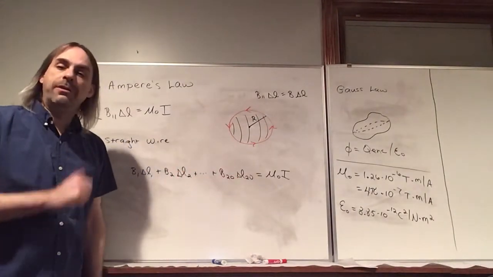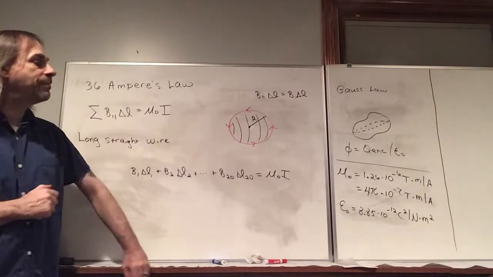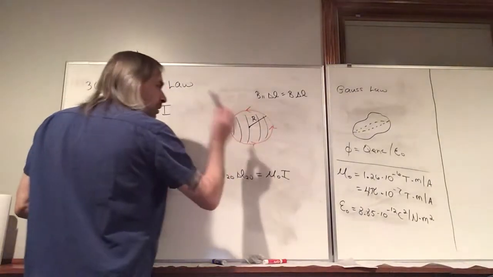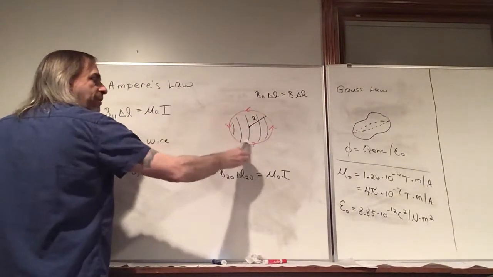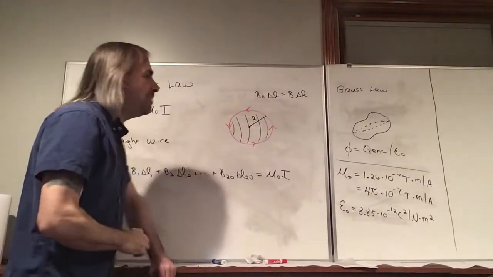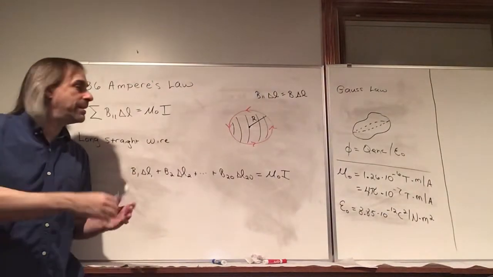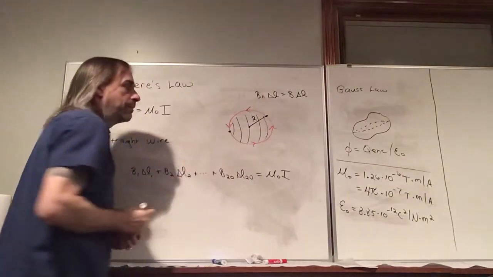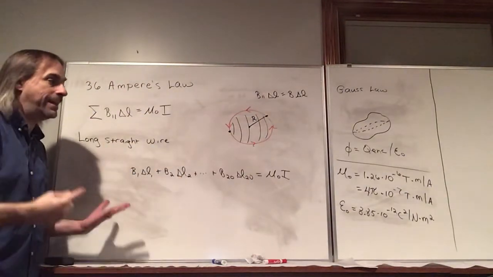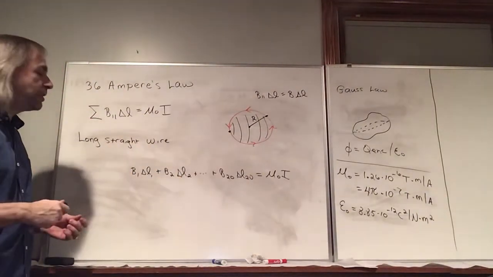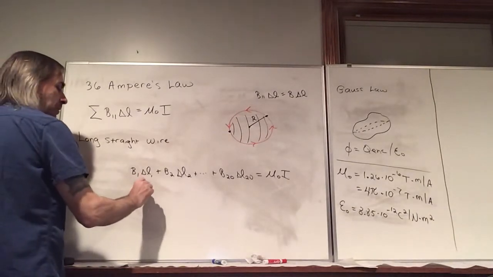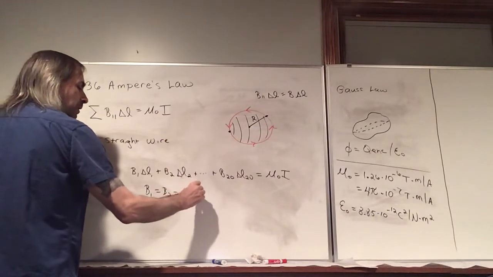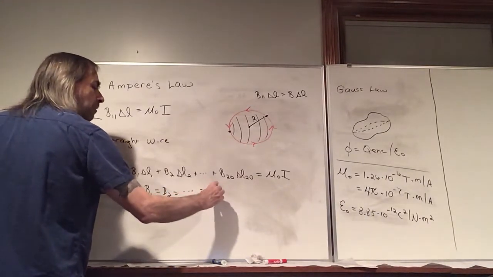However, because we're dealing with a circular situation here, the magnetic field everywhere on the boundary has to have the same magnitude. How could one point on the circle have a different magnitude than that point? Just from symmetry, that cannot happen. And so we can say that B1 equals B2 equals, they're all equal to each other.